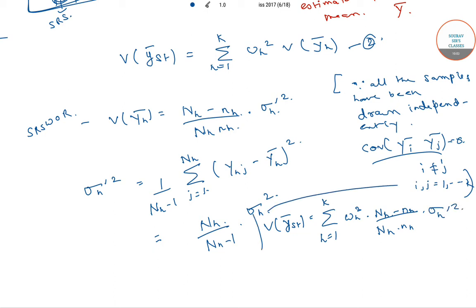So this is the variance of ȳ_st, where σ_h'² is equal to N_h divided by (N_h − 1) into σ_h². That is, σ_h'² is equal to 1/(N_h − 1) into the summation j goes from 1 to N_h of (Y_hj − Ȳ_h) whole squared.